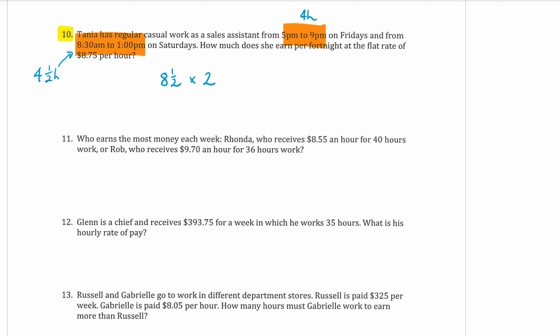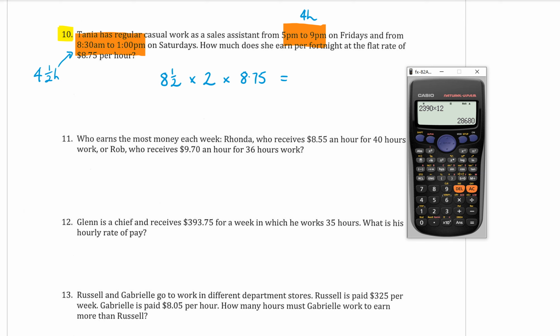And we want to times that by the amount she gets per hour, which is $8.75. So 8.5 hours a week times 2 for 2 weeks, and then times by 8.75 for the dollars she gets per hour, so she gets $148.75.